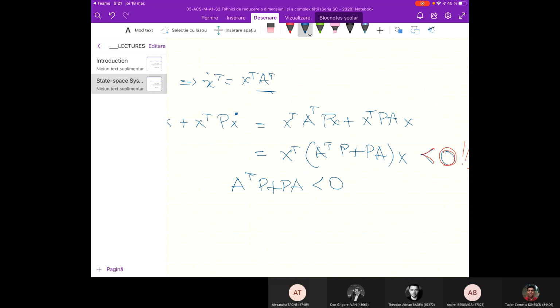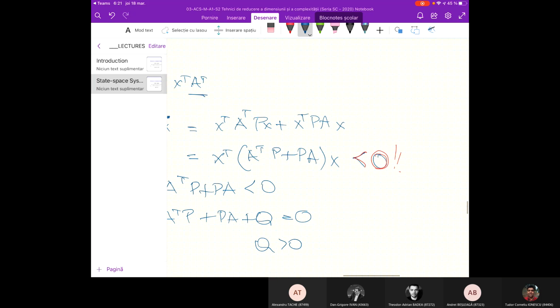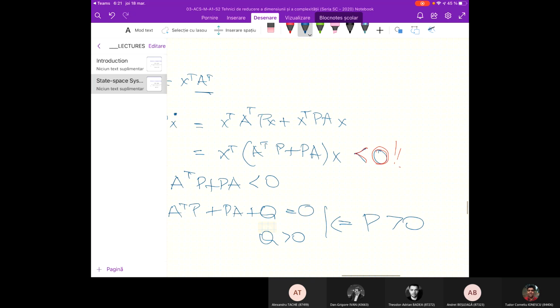So it's easier to ask that the solution of this equation, with Q positive definite, be positive definite. Okay? This is in a nutshell.